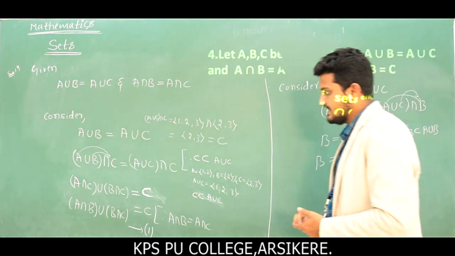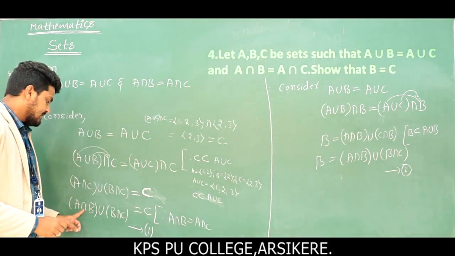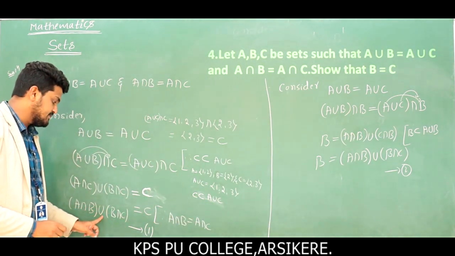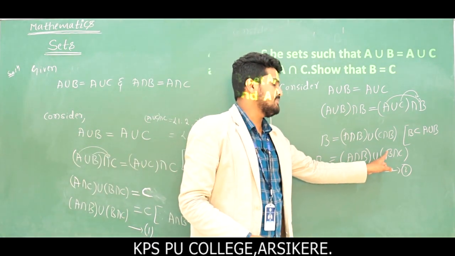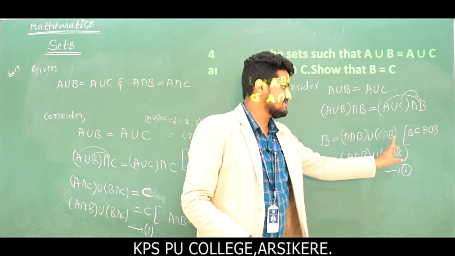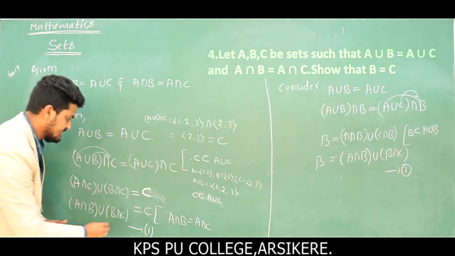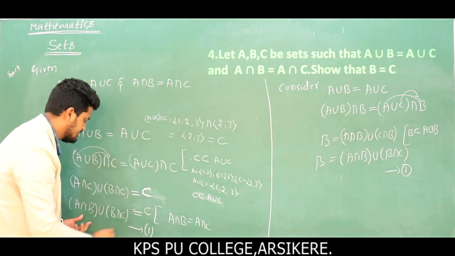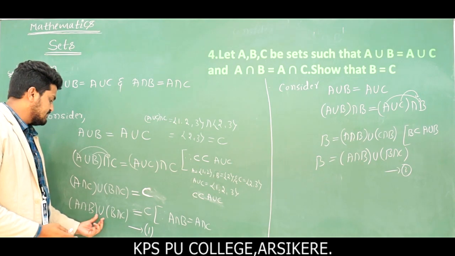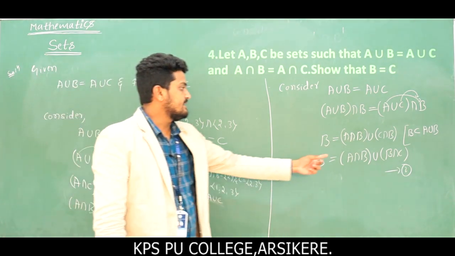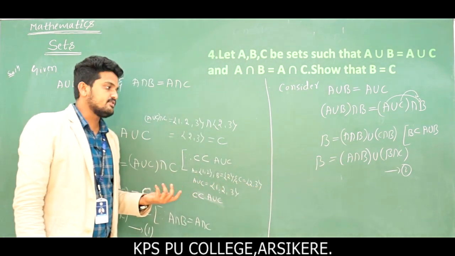So comparing equation 1 and 2, look here. A intersection B union B intersection C, A intersection B union B intersection B, B intersection C. So clearly we can say that one value becomes equal, right? A intersection B union B intersection C, corresponding values are equal.